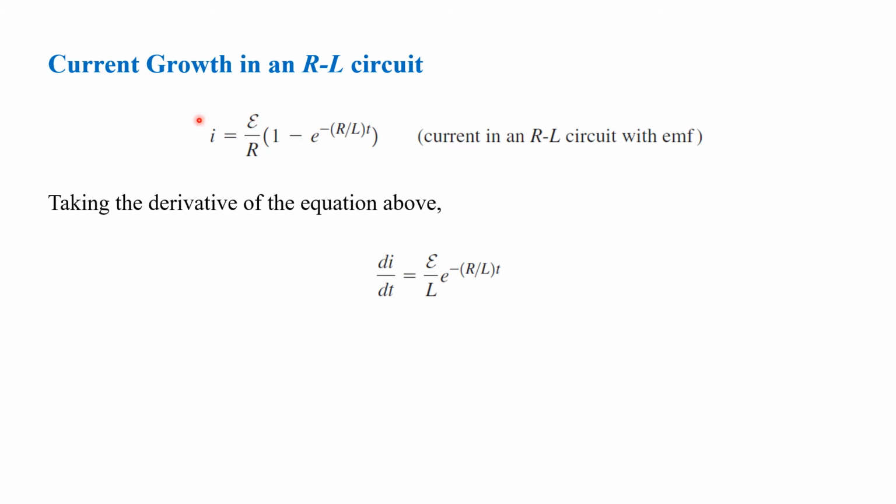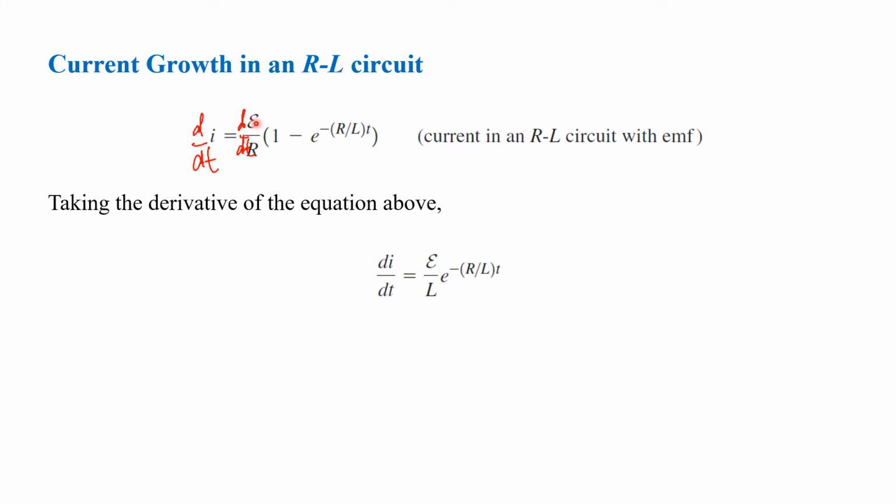With the same equation for the current in an RL circuit with EMF, let us take the derivative of this equation here. Taking the derivative of both sides, you have d over dt here, and also d over dt here.